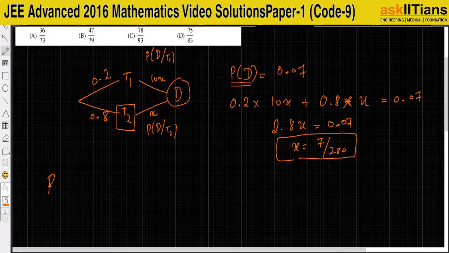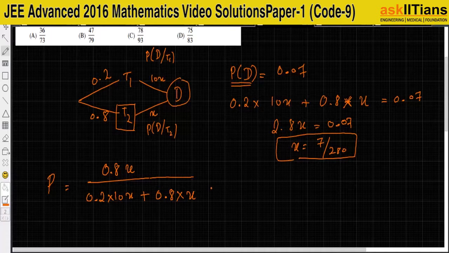So the required probability will be equal to favorable by total. Favorable is 0.8x, multiplied by this, divided by 0.2 multiplied by 10x plus 0.8 multiplied by x. And this is nothing but the denominator, which is 0.07.